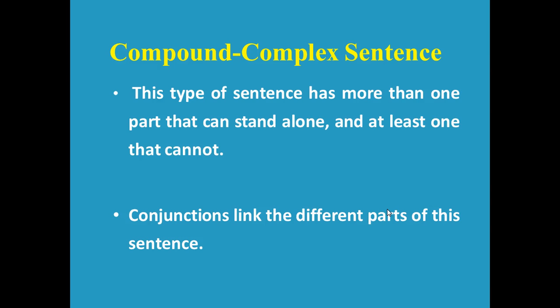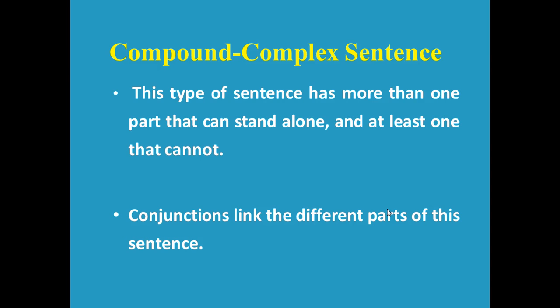So now we have the simple sentence, which was a subject and predicate. We went from there to a compound sentence, which was a subject and predicate joined together with a conjunction to another subject and predicate. Then you have a complex sentence, which is an independent clause plus a dependent clause.